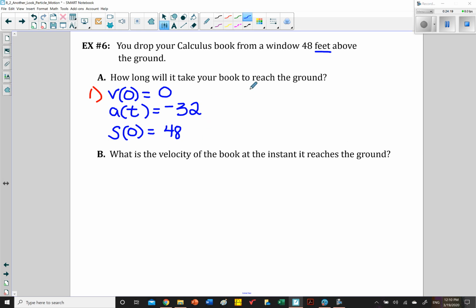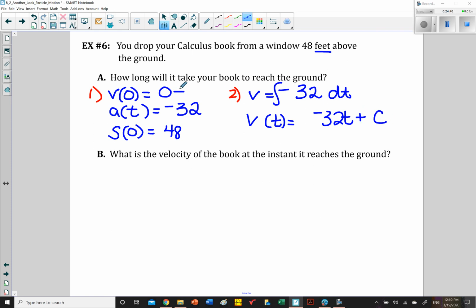And if we integrate acceleration, we'll get velocity. And that first constant is going to be 0. We'll call that c sub 1.